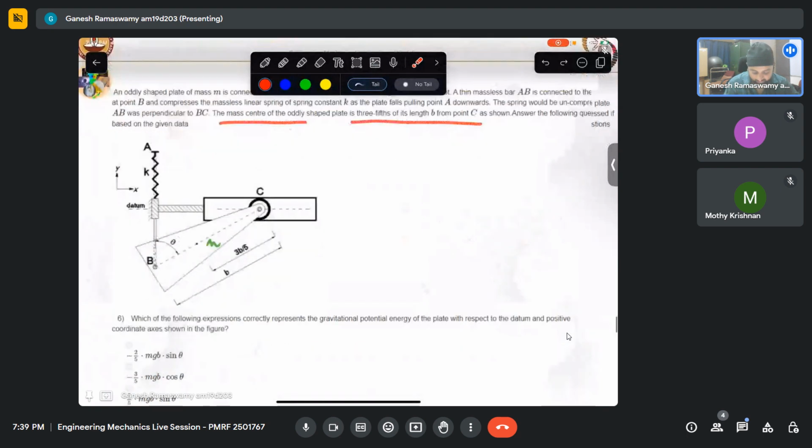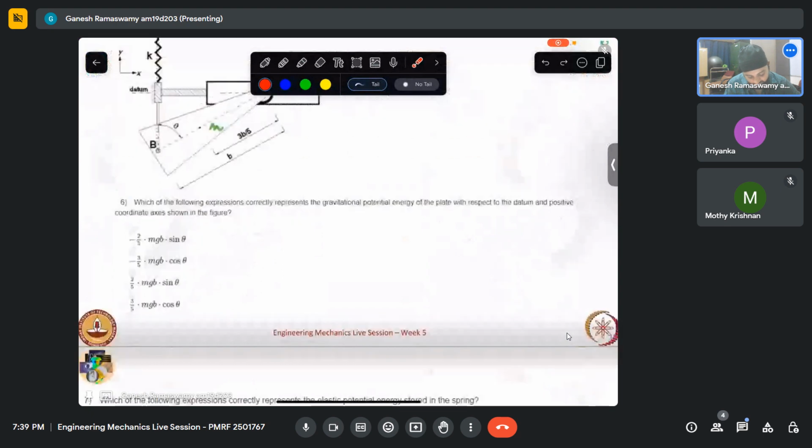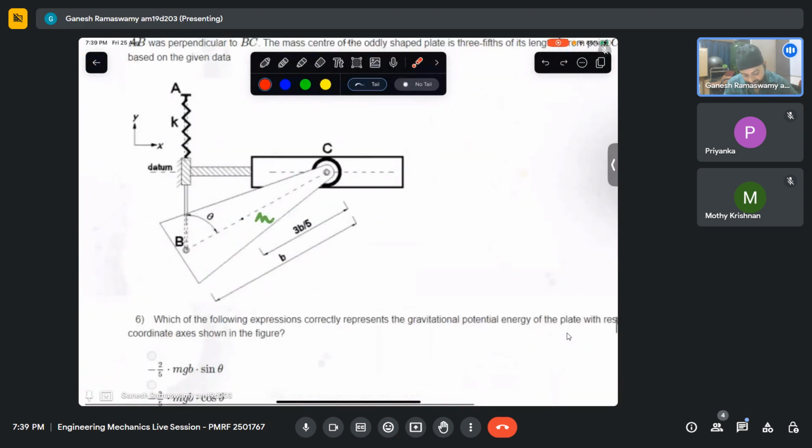Which of the following correctly represents the gravitational potential energy with respect to the datum and the positive coordinate directions shown? So we have been given that this is my datum and this is the positive coordinate direction. So gravity acts this way. So if this is my center of mass, this becomes my h.